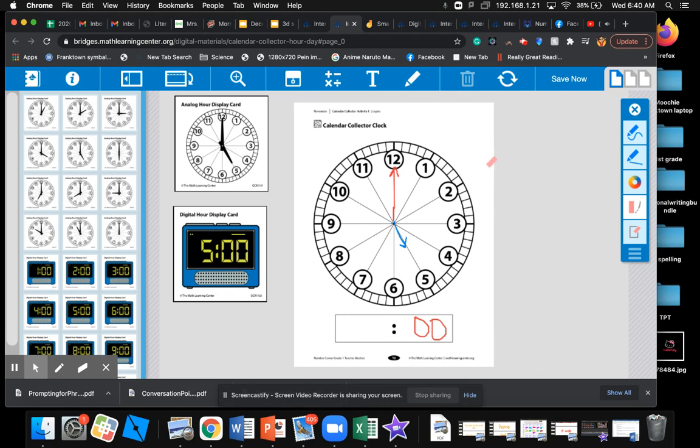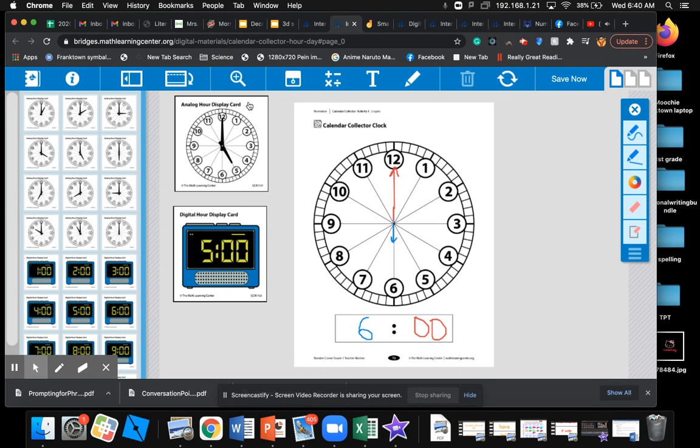I'm going to erase that, get my marker, and write 6 o'clock for the hour. Remember my clock has gone all the way around again, back to the 6. And I'm going to draw and make sure my short hour hand matches up right at the 6 because it is 6's turn right now, 6 o'clock.